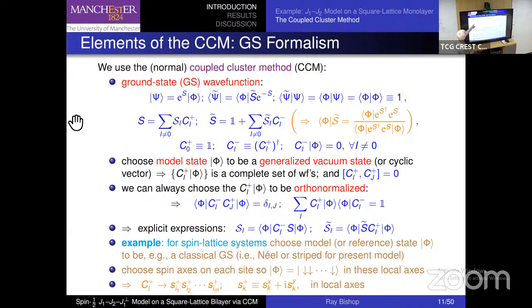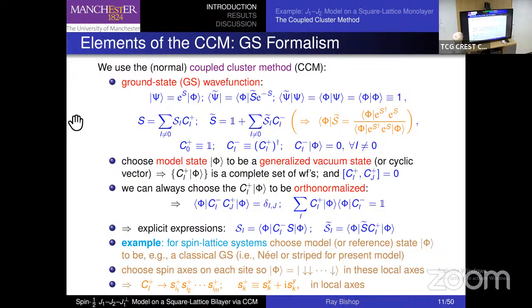The ket state is written with regard to some model state as an exponentiated creation operator. The bits of S are decomposed in terms of this set of many-body creation operators, but the important point to realize is that all of these multi-configurational creation operators commute between themselves, okay?